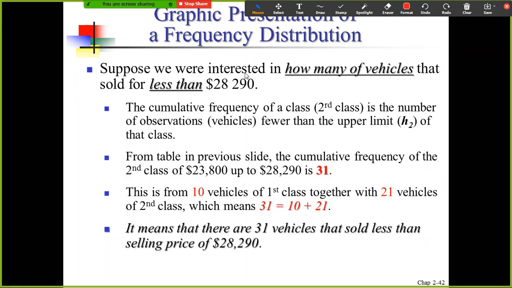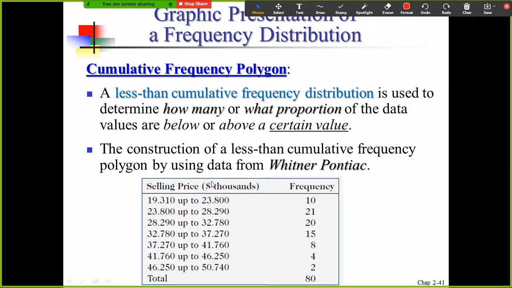Suppose we were interested in how many vehicles or cars sold for less than the price of 28,290. Back to our frequency distribution, 28,290 is the higher limit of the second class. By looking at this, how many cars sold less than this price?